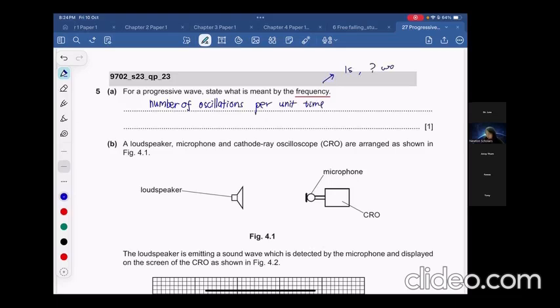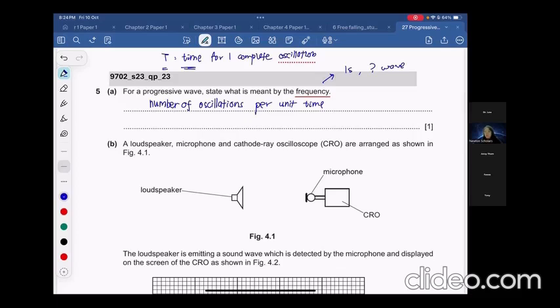How many waves? This is called frequency. Period is the time for one complete oscillation. Remember, period is time, but frequency is how many waves, the number of waves.